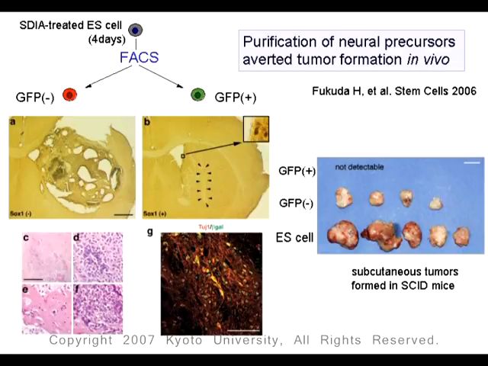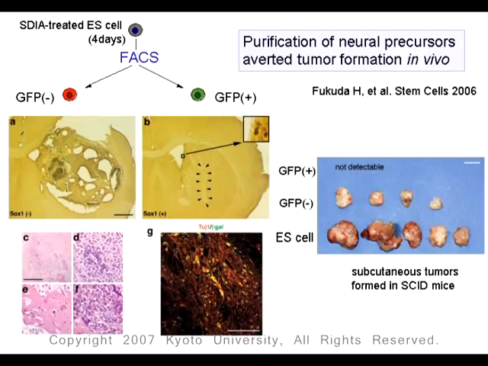But again, the GFP positive cells never formed tumors. These cells also expressed TUJ1, a neural cell marker. That means these cells survived and differentiated into neurons without forming any tumors.